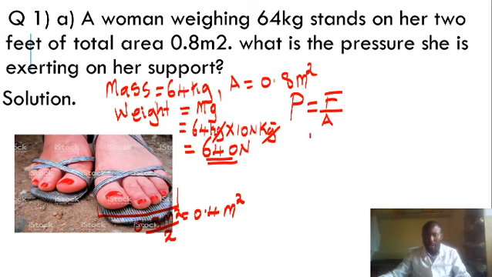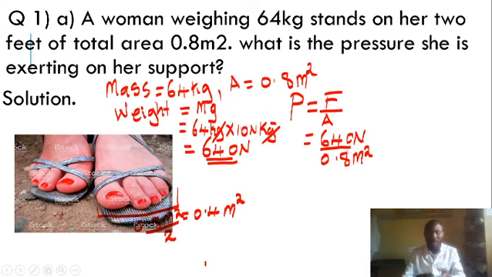So the force is 640 newtons divided by 0.8 meter square. Now I just want us to punch the calculators and get our answer.